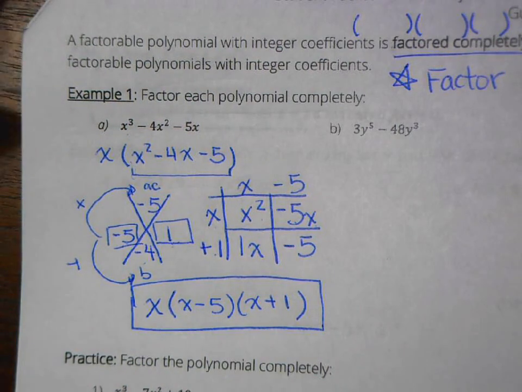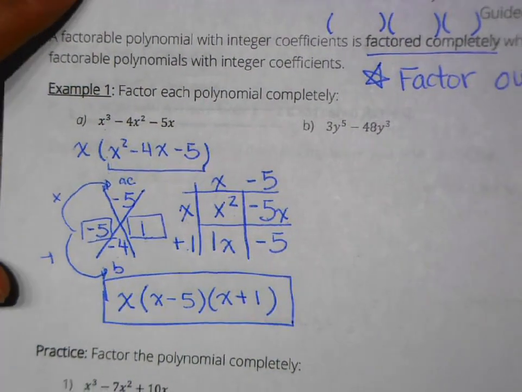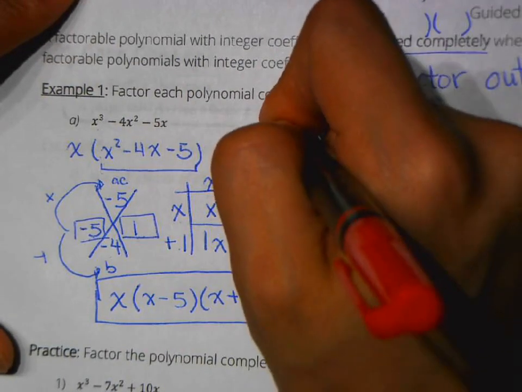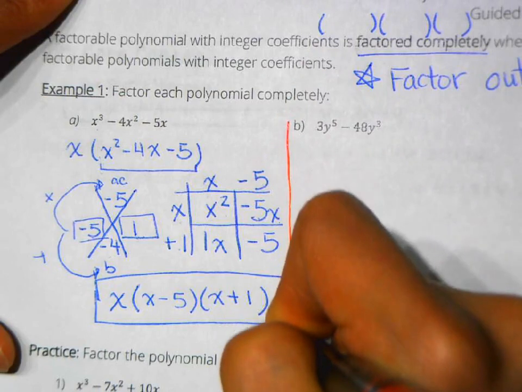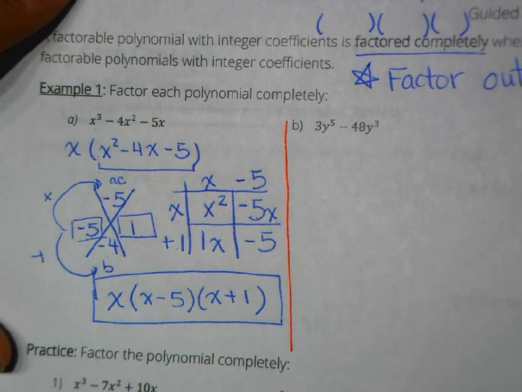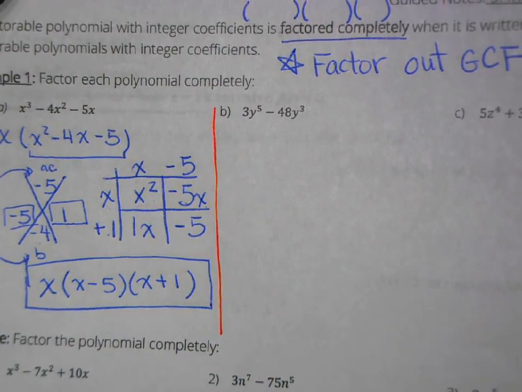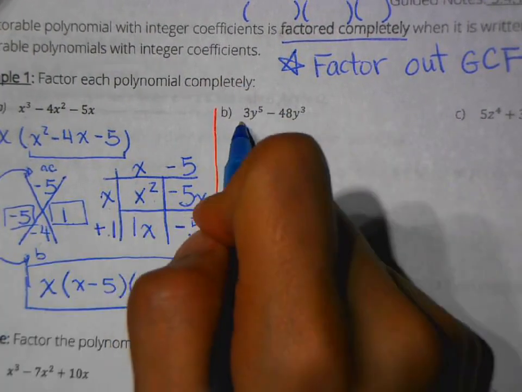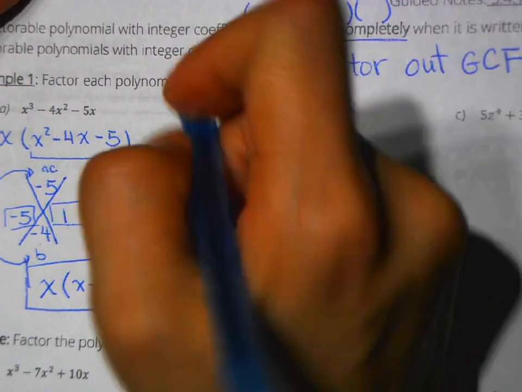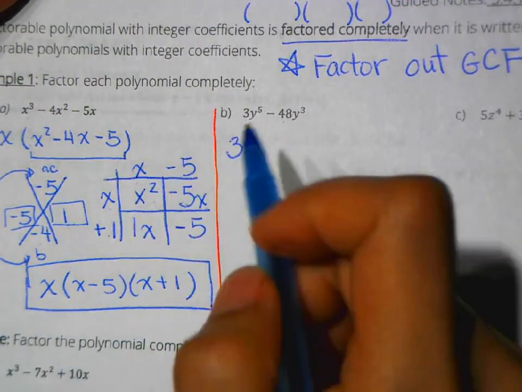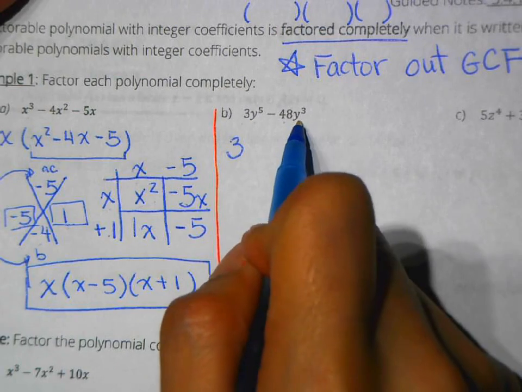And the second one is a little trickier because it's not a trinomial. We still need to look at the greatest common factor first. You have 3 and 48. So I know that 3 goes into both 3 and 48. Look at the variable, y to the 5th and y to the 3rd.